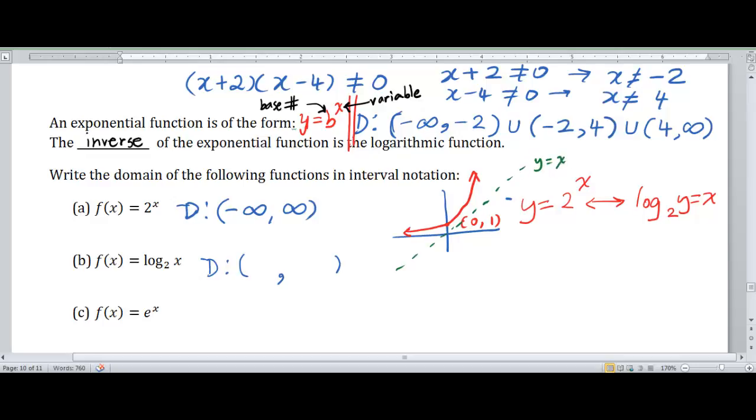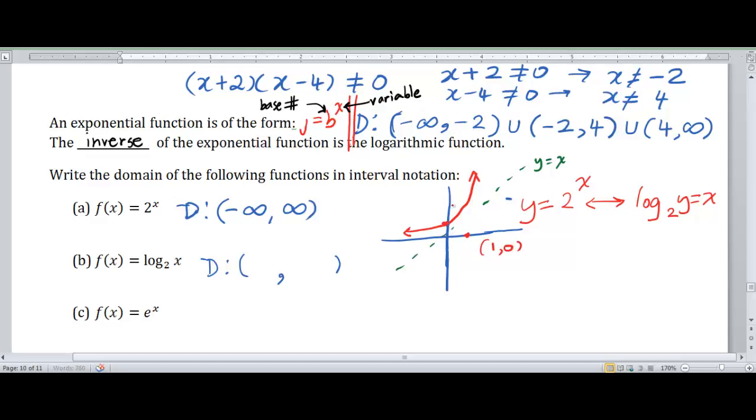And they're inverses, which means the x's and the y's switch. So this point is 1, 0.